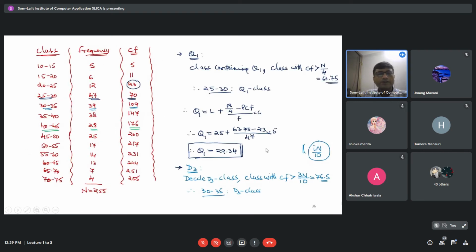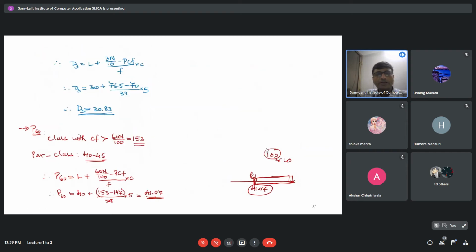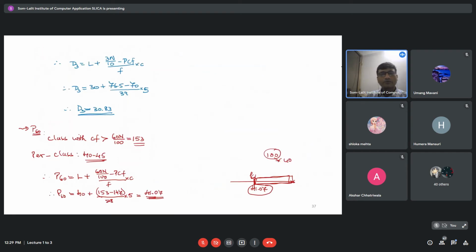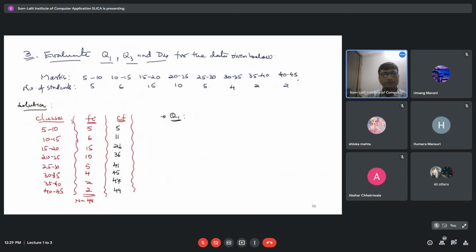So what we need to do? First we need to find the quartile class, that is the class that contains Q1. How we'll get it? Just look here. You need to use this. Find the class that has the CF more than this, just greater than n by 4. What is n here, you know.